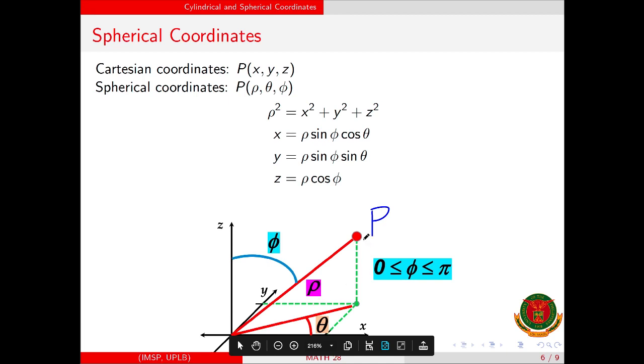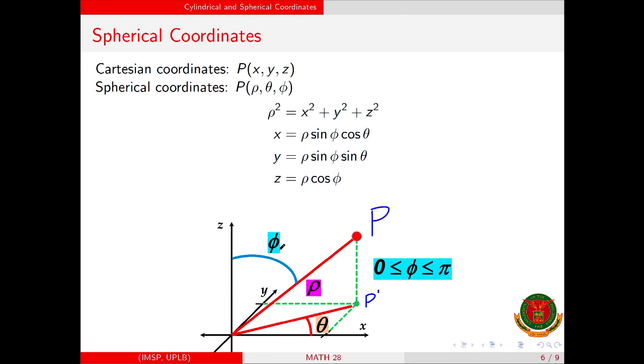If you draw a line parallel to the z-axis passing through this point, and we take the intersection of that line with the xy plane given by P prime, the angle formed by this line segment with the positive x-axis is given by theta, which is also similar to theta in the cylindrical coordinate system.